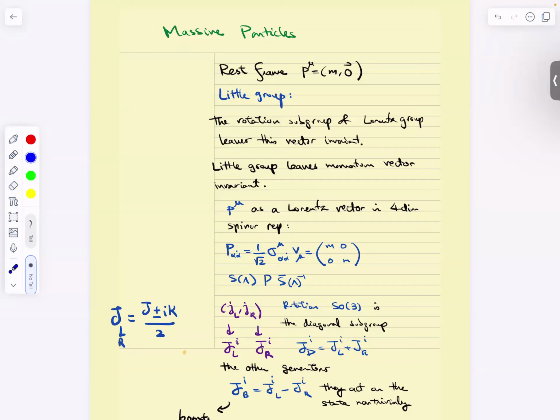A massless particle has no rest frame. When I turn it into this form, what is the little group of this vector? SO(3). Done. So the little group for these is always SO(3).